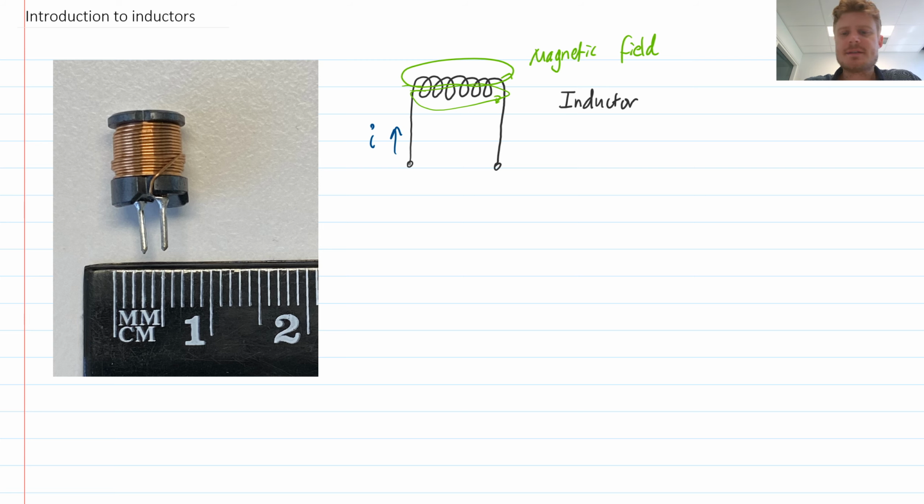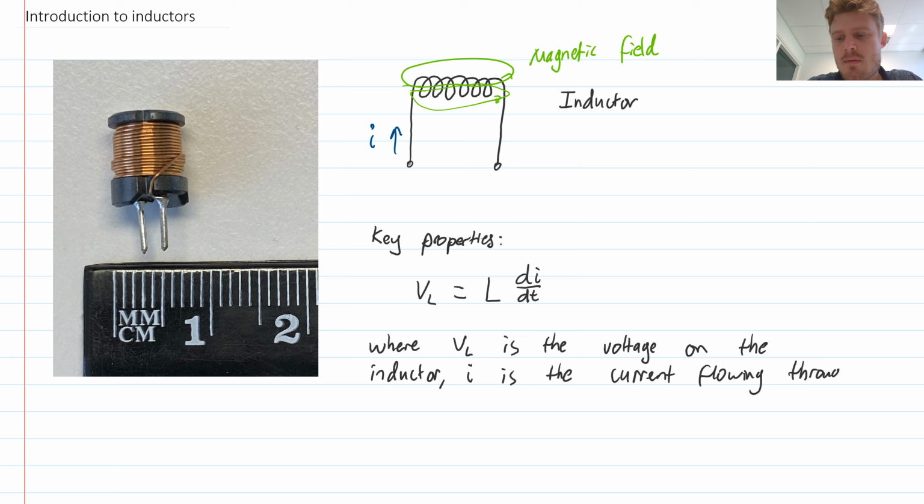Let's define the terms in this equation: VL is the voltage on the inductor, I is the current flowing through the inductor, and L is the inductance.